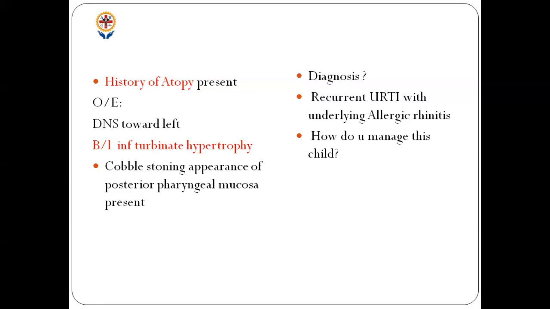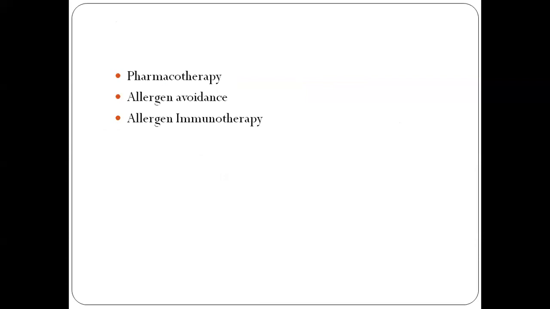So allergic rhinitis is increasing in incidence nowadays. It is seen in more than 5 out of 10 children. So it is very important that we learn about allergic rhinitis. The lines of management always include pharmacotherapy, allergen avoidance, and allergen immunotherapy.